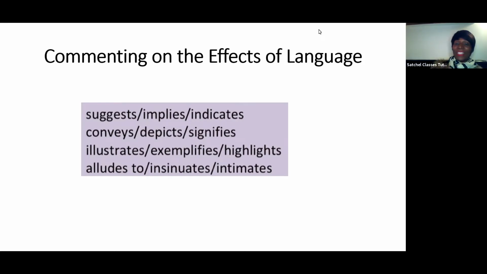So these are some key words that could help you to make sure that you're on track to really talk about effects. So you might say, this shows. I know that a lot of teachers like myself are allergic to that word.